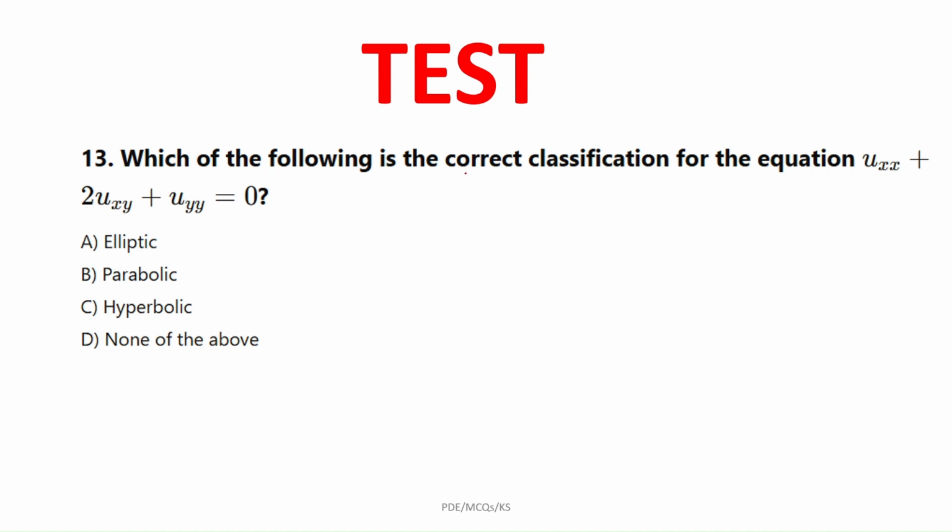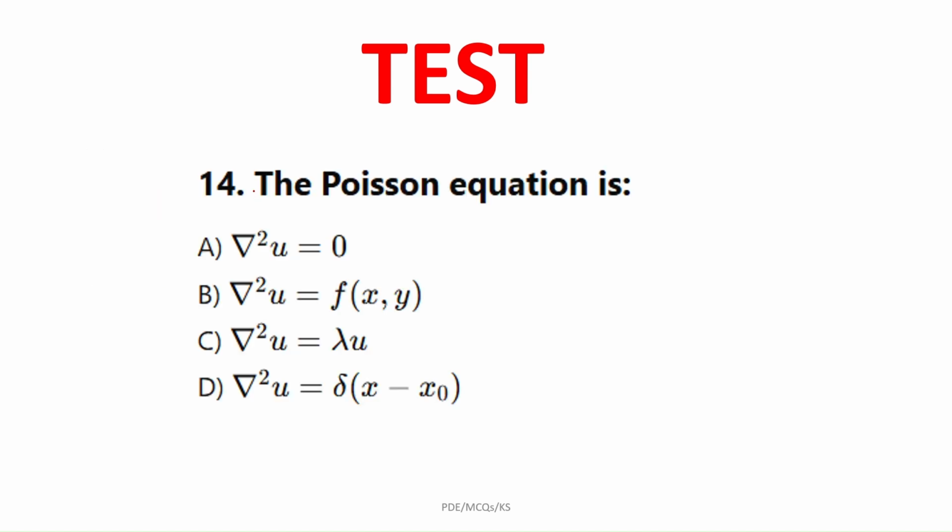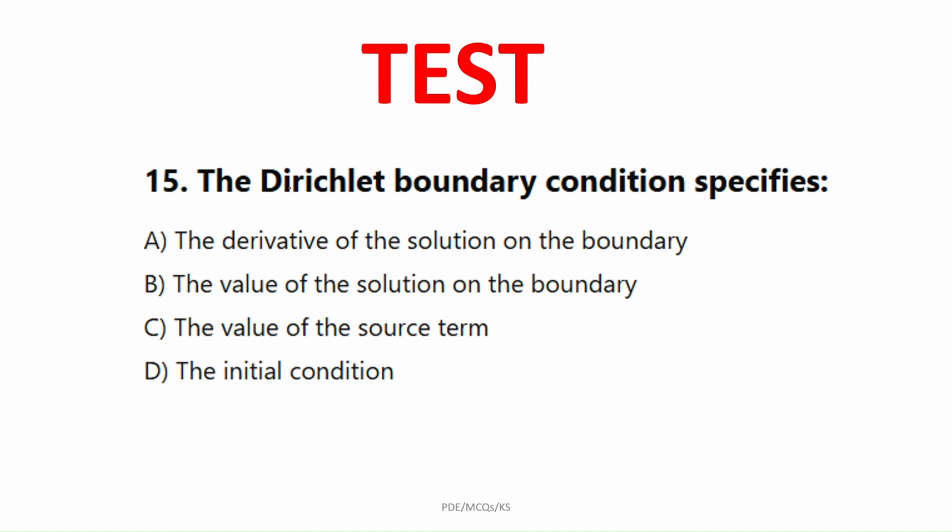Which of the following is the correct classification for the equation uxx plus 2uxy plus uyy equals 0? Question number 14. The Poisson equation is. Question number 15. The Dirichlet boundary condition specifies.